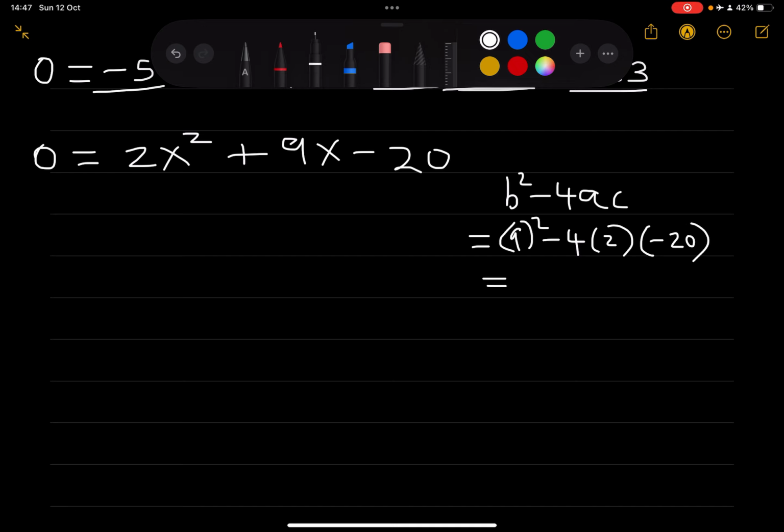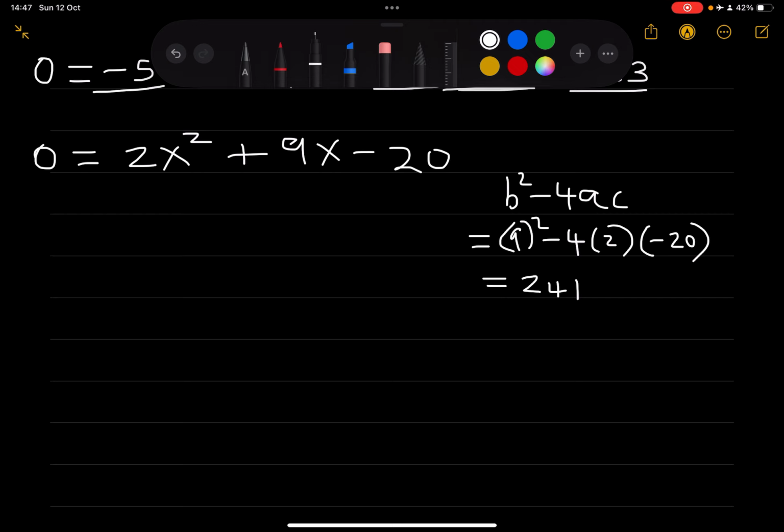Punching that into the calculator will give us 241. And then we can see that, okay, we're getting 241. Therefore, 241 is not a perfect square, right? Perfect squares are 1, 4, 16, 25, 36, 49, and so on. 241 is not a perfect square.